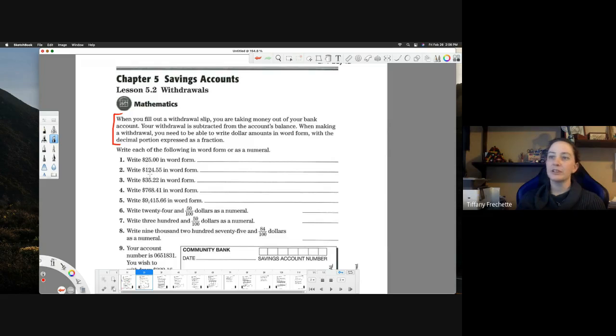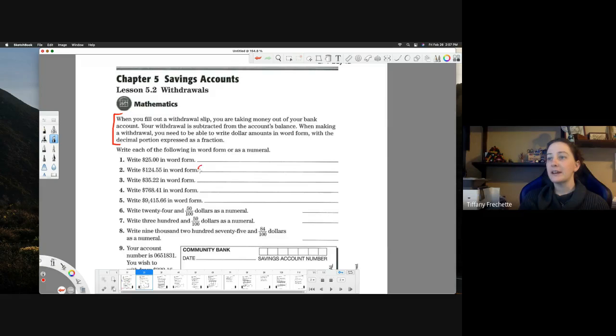So I'm going to look at number 2 just so you can see how the fraction looks when you're writing this. Usually you write this out for a check. A lot of the time you're not going to do this on a withdrawal form. You're going to write a check where you write the amount in one spot and then you write out the words underneath the who it's for part on a check.